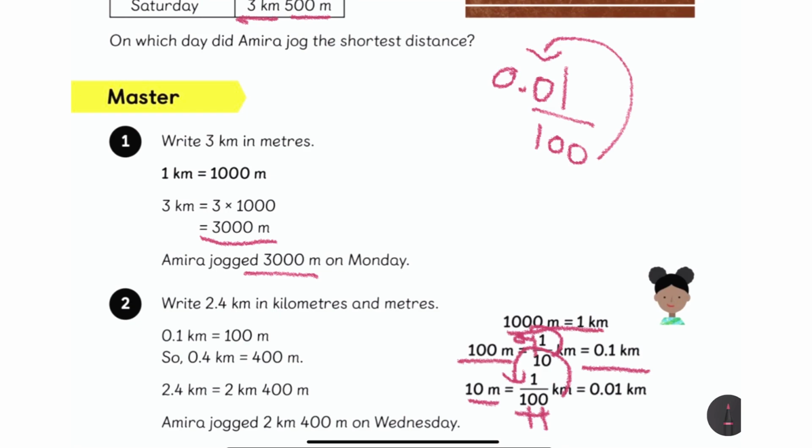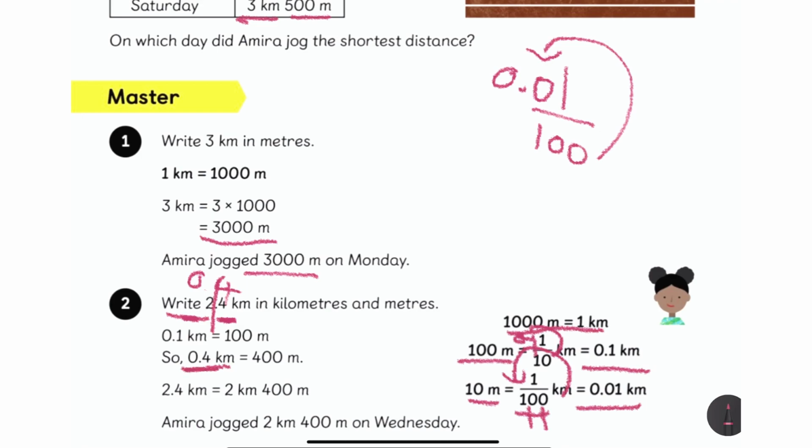So if you see, I write my 2.4 kilometers in kilometers and meters. When I split, we know this is kilometers and this is meters. Therefore, since we have split this 2, 0.4 kilometers is nothing but 400 meters.